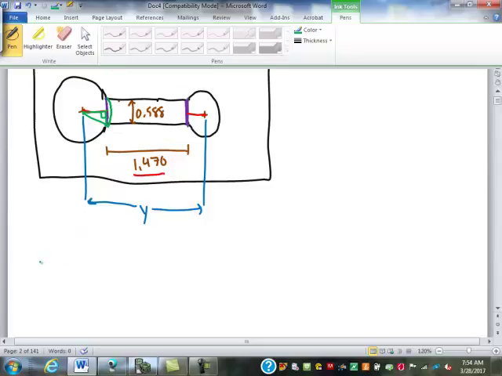So looking at that green triangle, we know that this distance here is 0.294. The reason is that's half of the 0.588. So from here to here is 0.294. We know this line here is the radius of that circle, so half of the 1.5 is going to be 0.75.